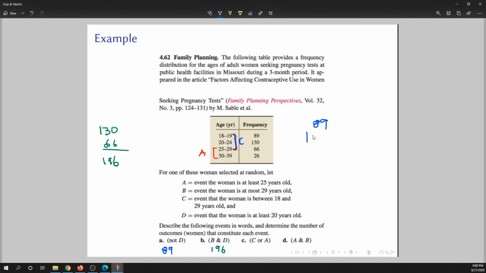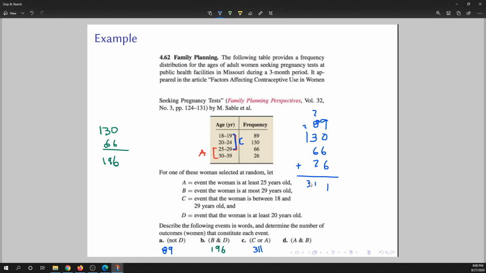This age group is in here as well, 66. So there's 66 women in here. And this age group is in there as well, so we would count them too. And then we would add that all together. So we get 311 in that one.